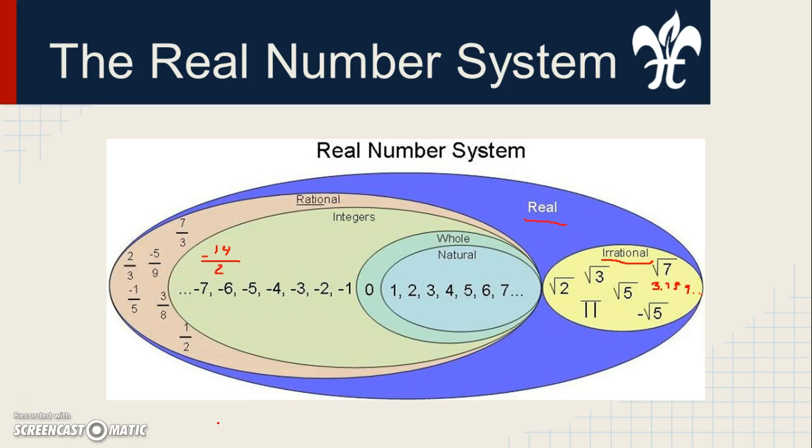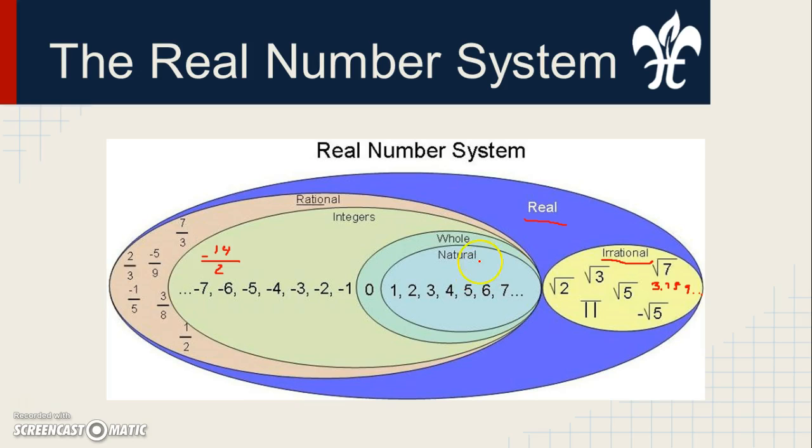So what exactly are integers? Well, integers are all the negative numbers, 0, and all the positive numbers. So the positive numbers we call natural numbers. The first numbers we learned are counting numbers, 1, 2, 3, 4, 5, 6, 7, 8, 9, all the way forever.